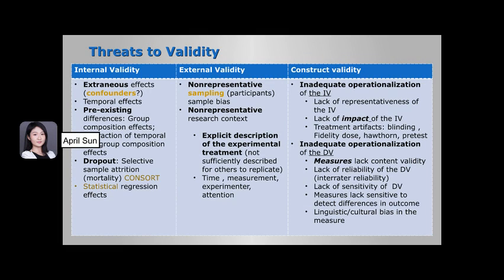Please review the definitions of different aspects of validity and elements in quantitative design. Think about the relationships between them.